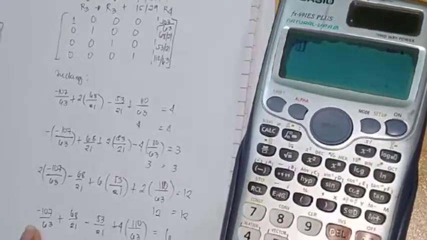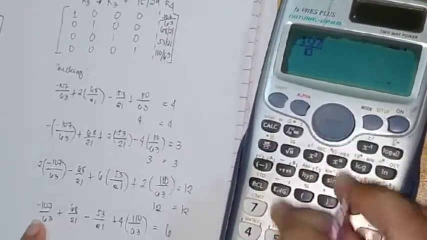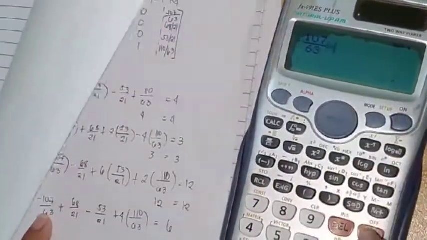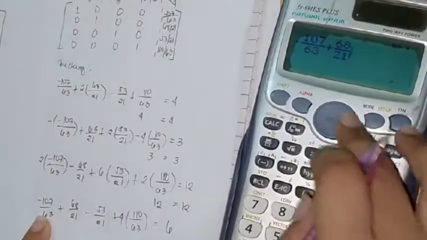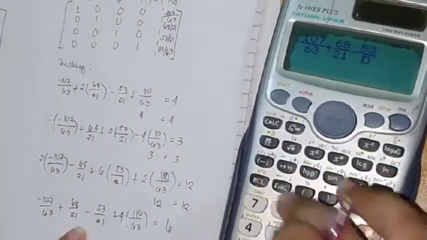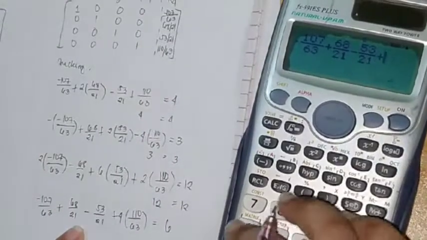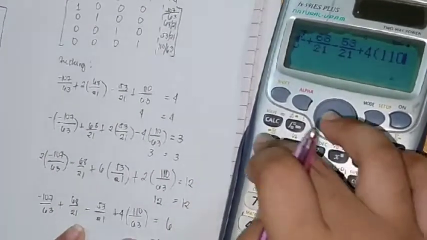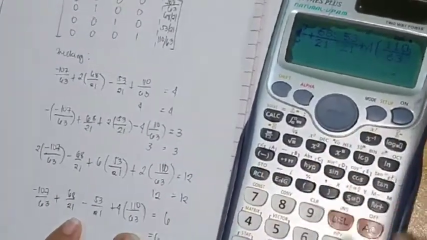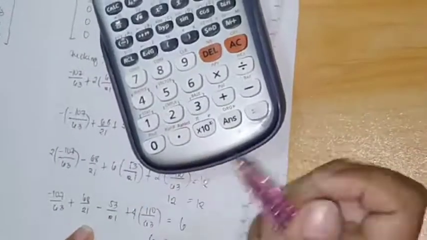So negative 107 over 63 plus 68 over 21 minus 53 over 21 plus 4 times 110 over 63. So this is equal to 6.